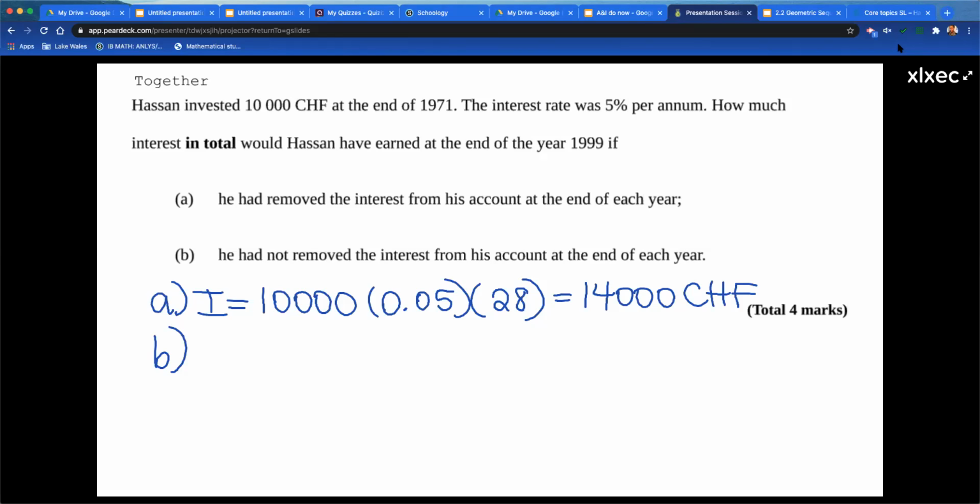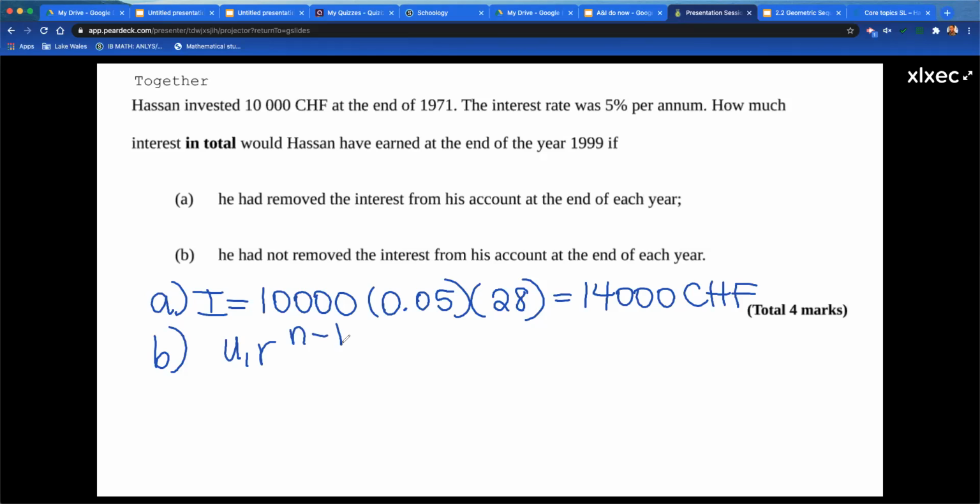So for part B, we are going to be using a geometric sequence, not series, because we want to figure out exactly in that 28th year how much money he has. What's the formula for a geometric sequence? A1 times R to the n minus 1 power.